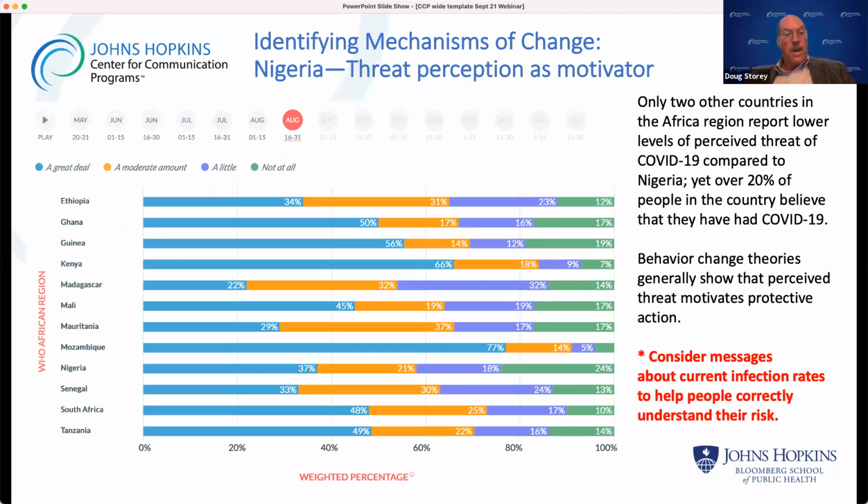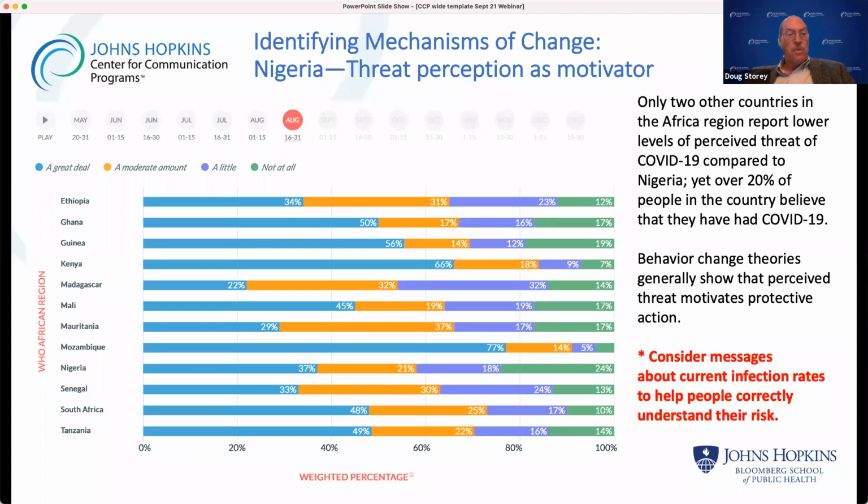Yet we know from other data in this dashboard that over 20% of people in Nigeria believe that they have already had COVID-19. So thinking strategically, behavior change theories generally show that perceived threat can motivate protective action. Therefore, what this figure indicates is that perhaps in Nigeria, it would be worthwhile to consider messages about current infection rates to help people correctly understand the risk that they face.